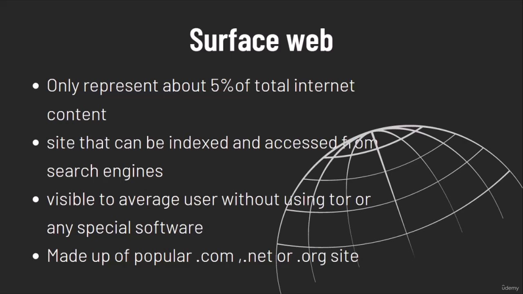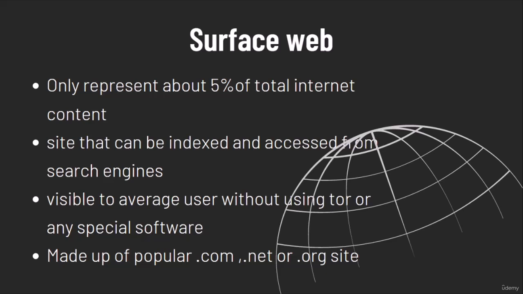The surface web is a part of the internet that contains those sites that can be indexed and accessed from search engines. For example, google.com, Facebook, and all those sites that can be found through search engines.